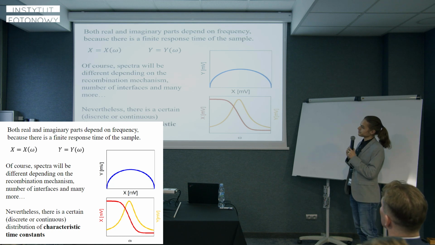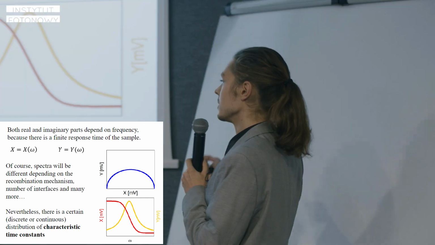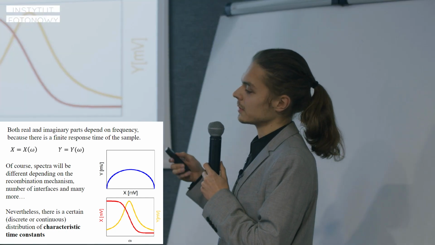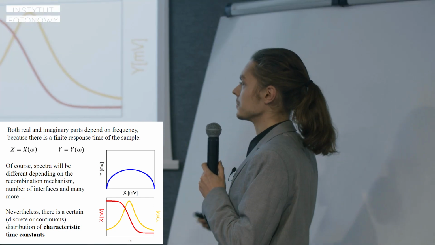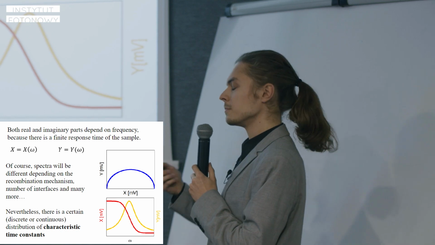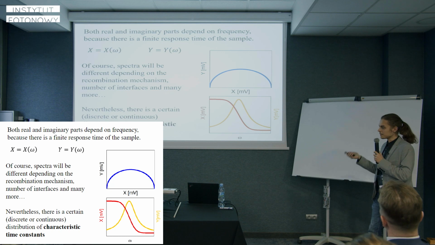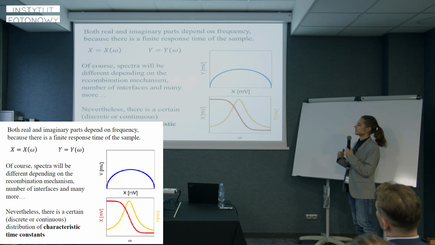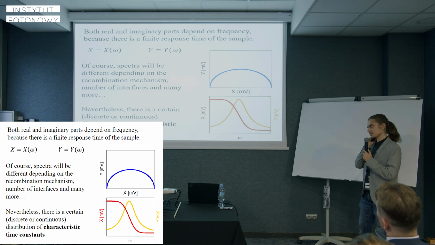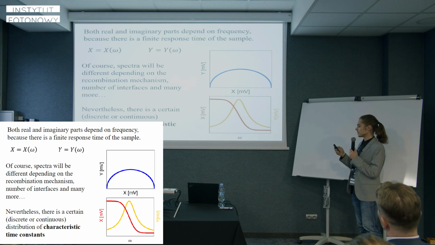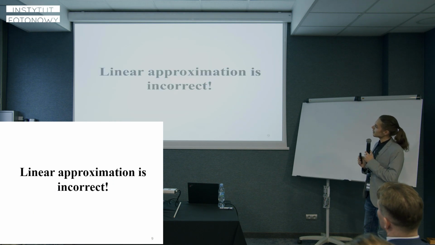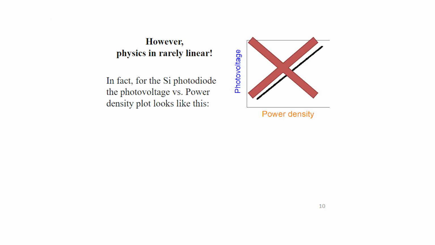And based on the shape of those functions, one can infer the details of the mechanisms of recombination in case of photovoltage, of transport in case of IMPS photocurrents, and several other phenomena also. So, yes, this is true. Linear approximation is incorrect.